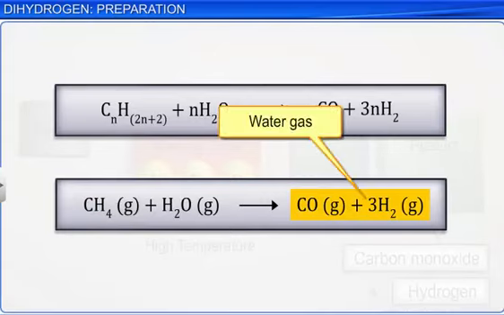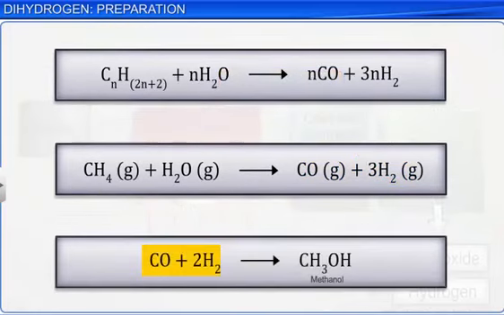Water gas is further used for the synthesis of methanol and a number of other hydrocarbons, as it produces a lot of heat when burnt. Hence, water gas is also called synthesis gas or syngas.